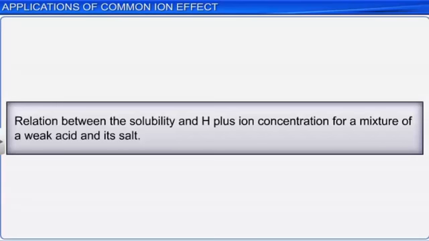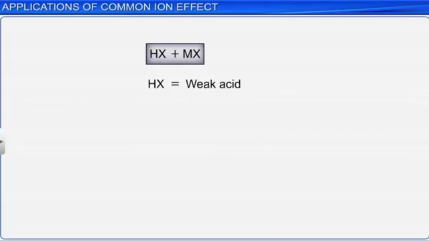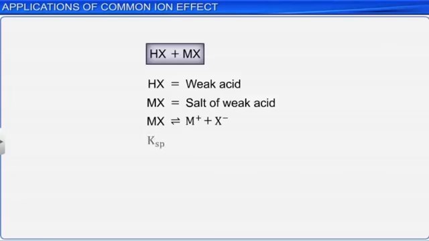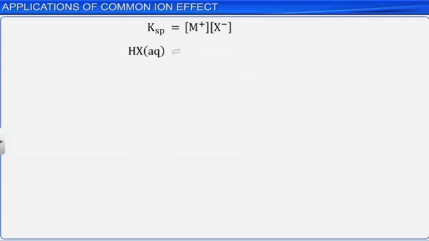Now, let's derive a relation between the solubility and H+ ion concentration for a mixture of a weak acid and its salt. Let's take a mixture of weak acid HX and its salt MX. MX ionizes to give M+ ions and X- ions. Then Ksp is equal to the product of molar concentration of M+ ions and X- ions. HX ionizes to give H+ ions and X- ions.